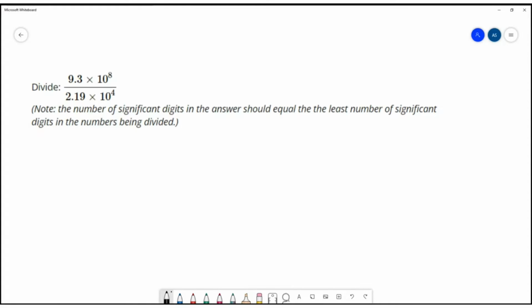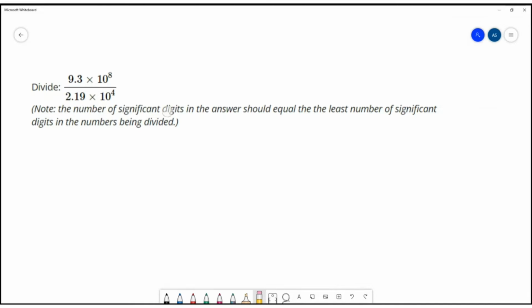On this next example, we have two numbers that are written in scientific notation, and we want to divide them. And we're going to write our answers in both the scientific notation and the standard notation. And this example also specifies that we should consider significant digits.